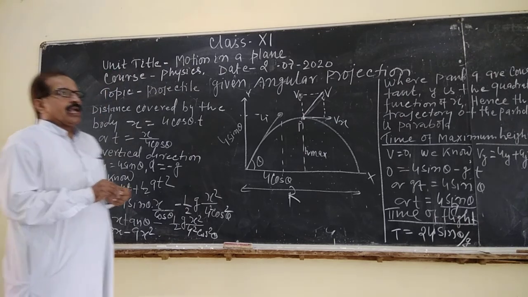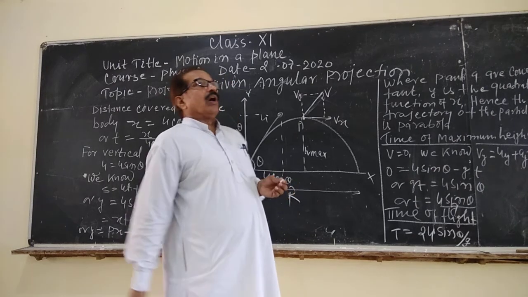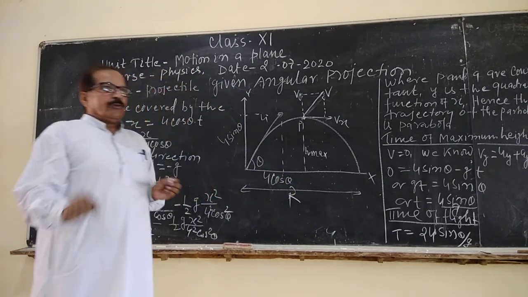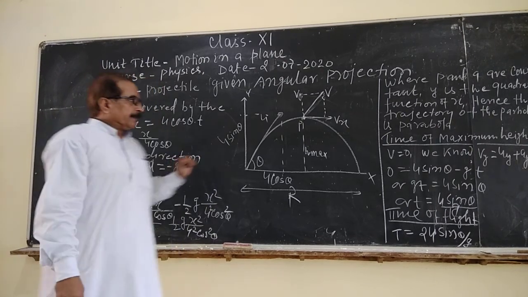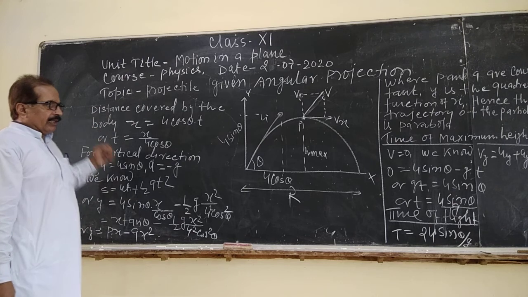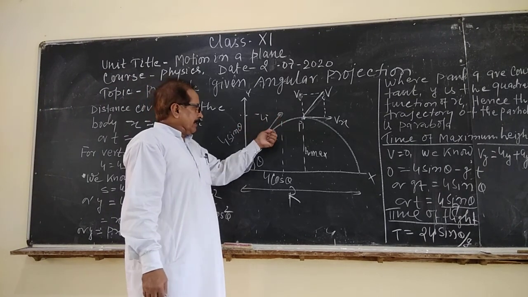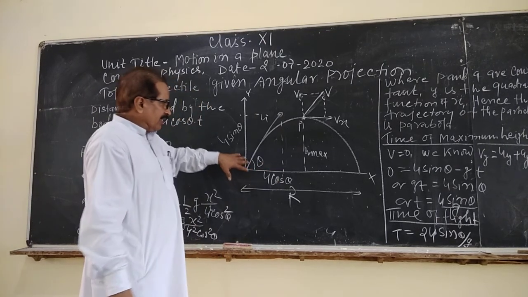So when a body is thrown in upward direction with initial velocity u with respect to the earth, its velocity u makes angle theta with the horizontal axis.